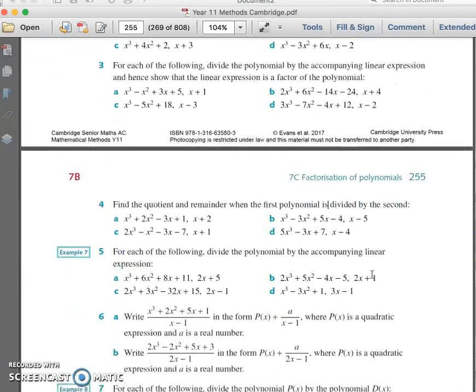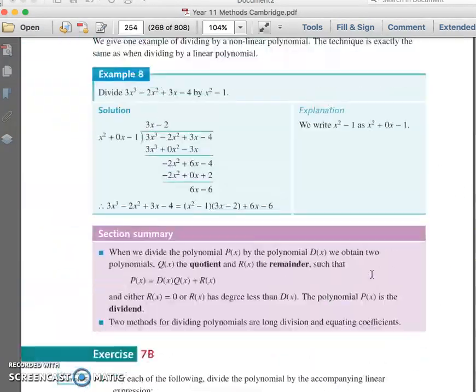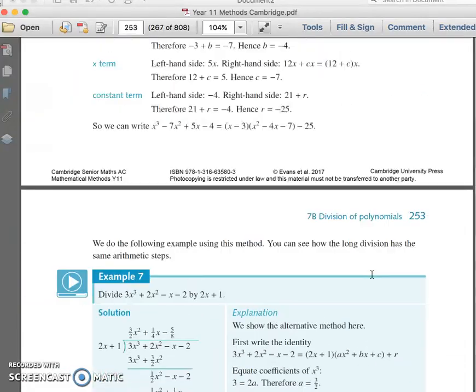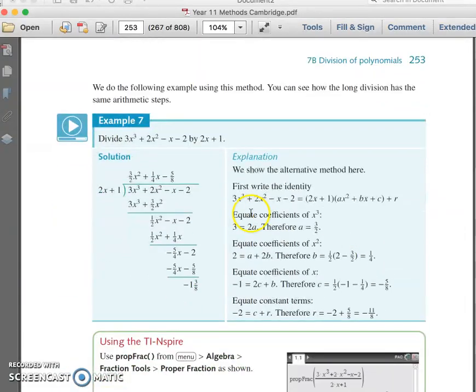So for question 5 we actually have some fraction ones, and example 7 is the best example for that one. It does look complicated at first, but basically you're looking at how does 2x fit into 3x cubed.